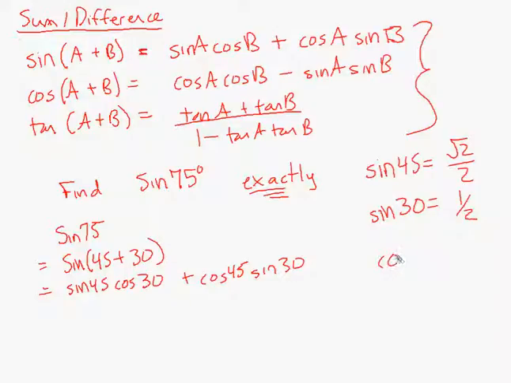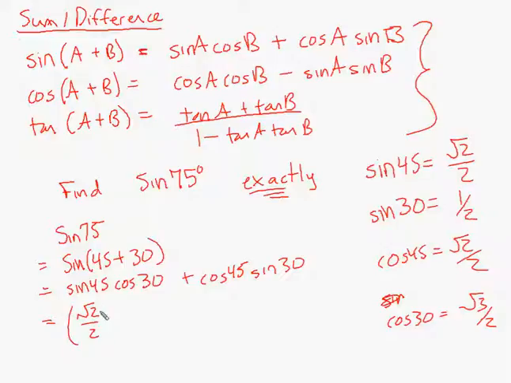Now, the cosine of 45 happens to be root 2 over 2, and the cosine of 30 is root 3 over 2. Again, if you don't know those, they would be something to memorize. Sine 45 is root 2 over 2. Cosine of 30 is root 3 over 2.